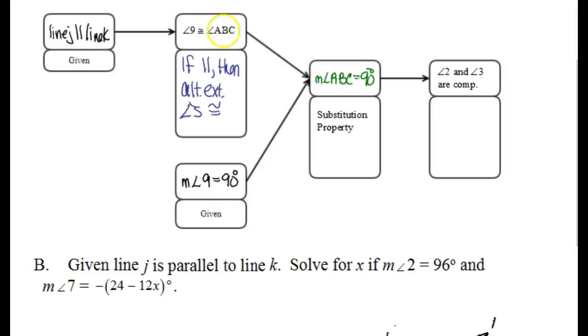Since 9 and ABC are the same, and 9 is 90 degrees, then so is angle ABC. Now, what was the rule about complementary? So angle 2 and angle 3 are complementary because if the sum of two angles is 90, then they're complementary.